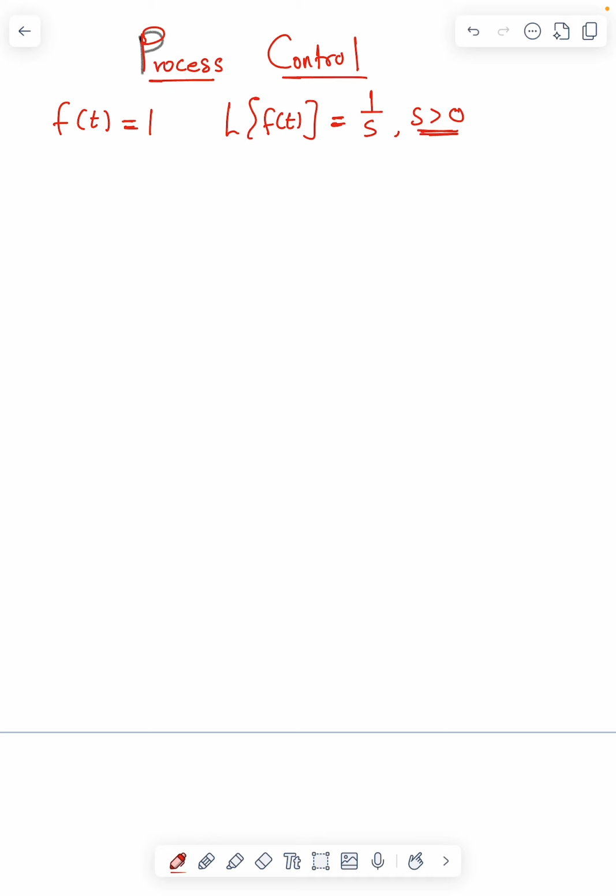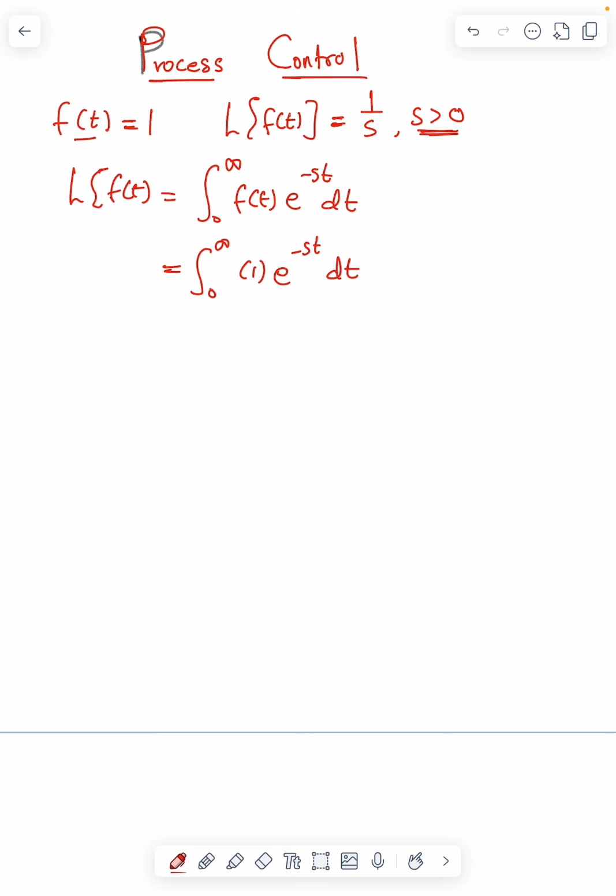Let's say we know that the Laplace transform of f of t is equal to the integral from 0 to infinity of f of t e to the negative s t dt. So let's say f of t equals 1 and see what we get. So the integral from 0 to infinity of 1 times e to the negative s t dt. When you integrate this, it becomes e to the negative s t over negative s, right?